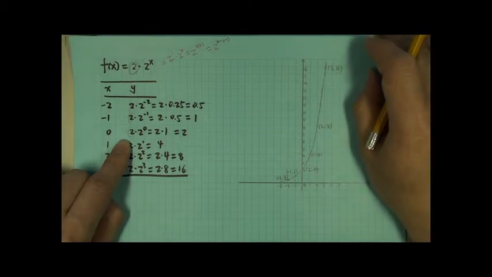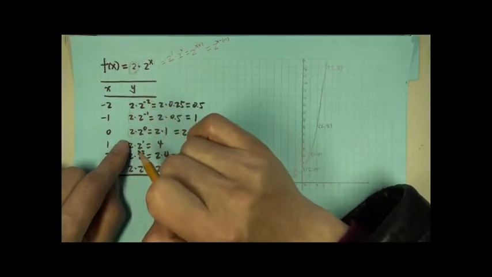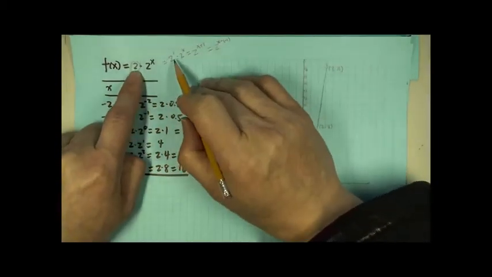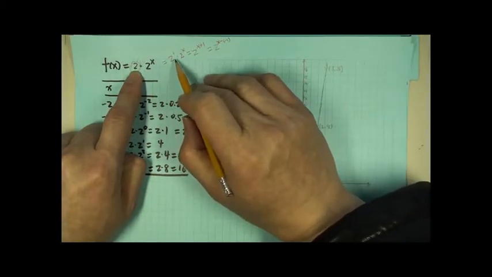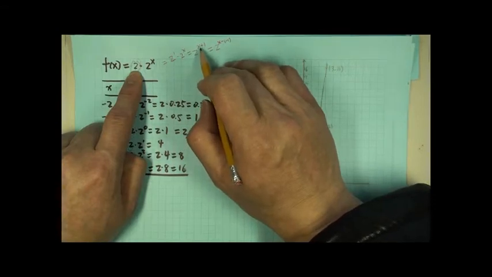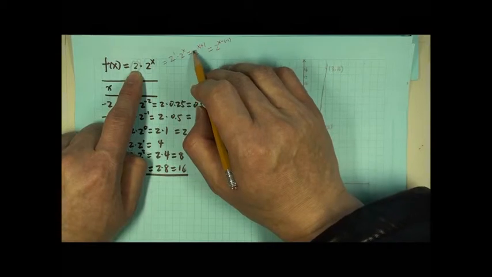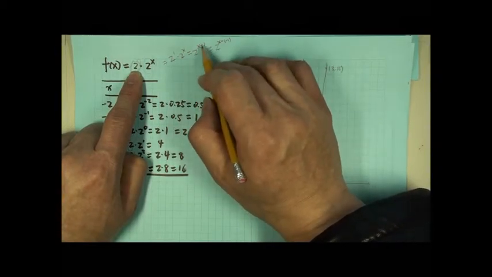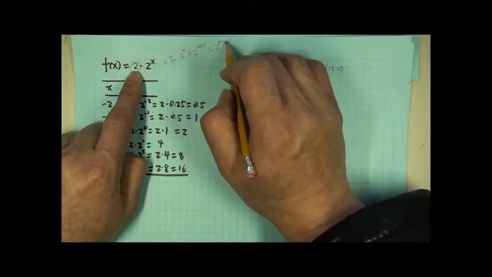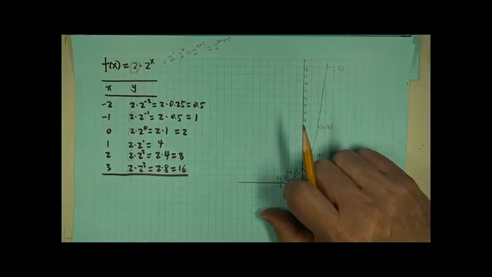Now let's look at this function from a different perspective. We know 2 is 2 to the first, and 2 times 2 to the x is 2 to the x plus 1. It's just adding those two exponents. And then 2 to the x plus 1, where plus 1 is minus negative 1. Why do I need to do that?